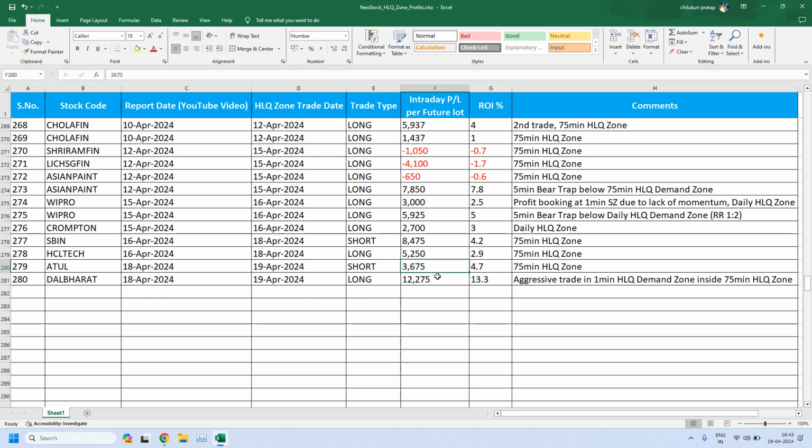And that way Atul has given 4.7% ROI, based on one futures margin cost. Atul is also very cheap among the other futures margins.